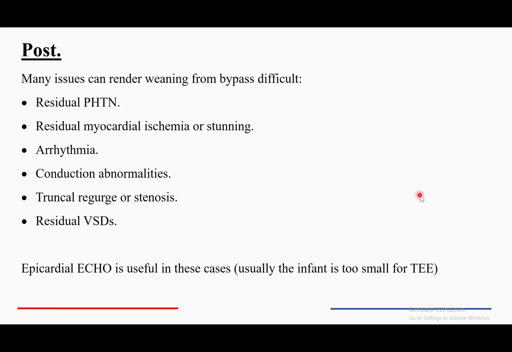A good patient preoperatively may have a stormy induction but good weaning from bypass, and a bad patient, a pulmonary hypertension patient, may have a smooth induction of anesthesia but a stormy weaning from bypass.